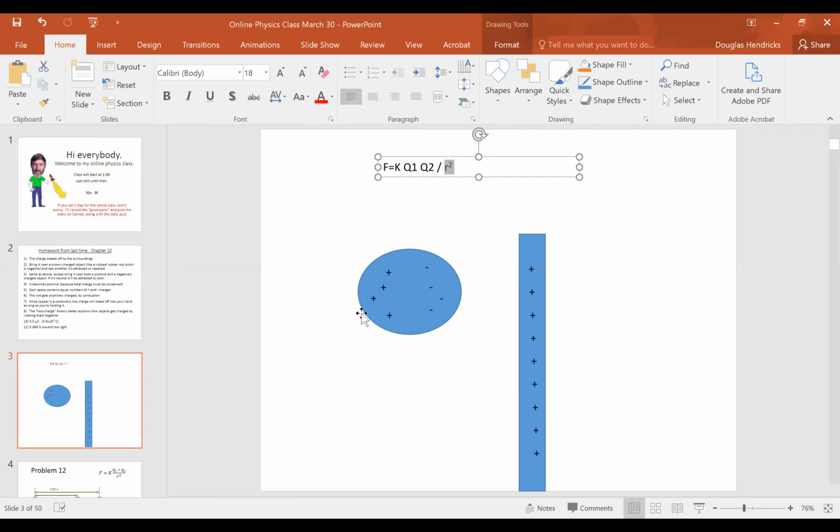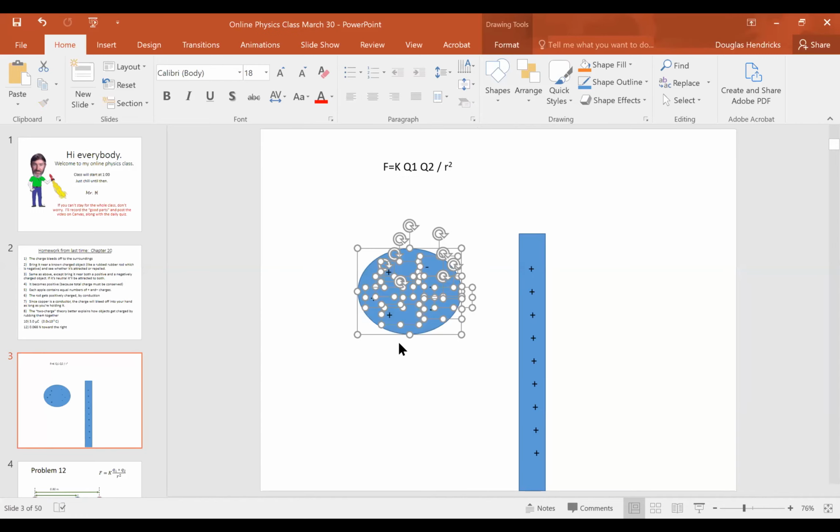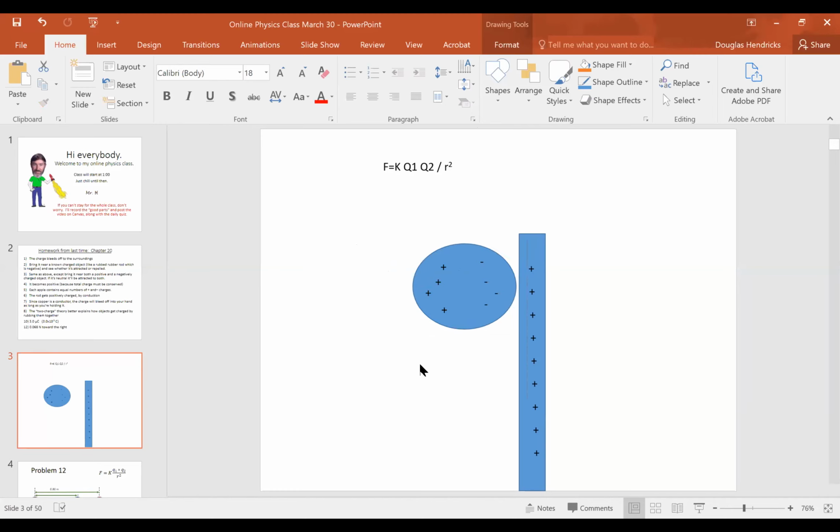The plus charges have moved farther away. So R for the negative charges is smaller than R for the positive charges. Even though Q1 and Q2 are the same for the positives and negatives, the R is different. Because the negative charges are closer, they are going to feel a stronger attractive force than the positive charges will feel repulsive force. So this thing is going to get sucked right in until it touches the rod. Now, when it touches the rod, then things get interesting.